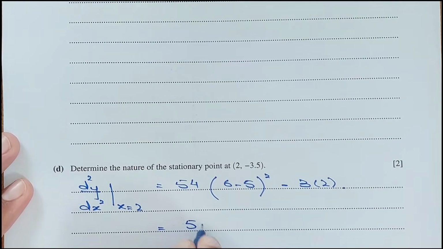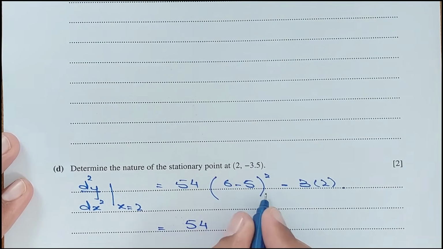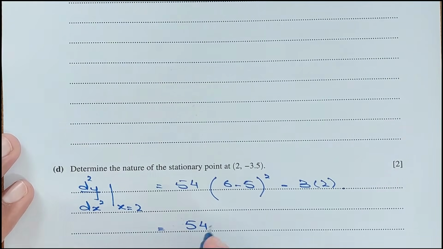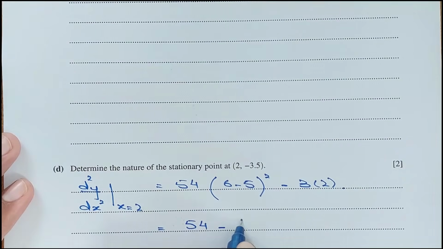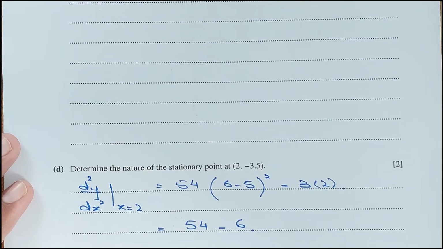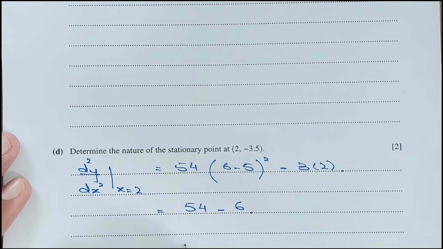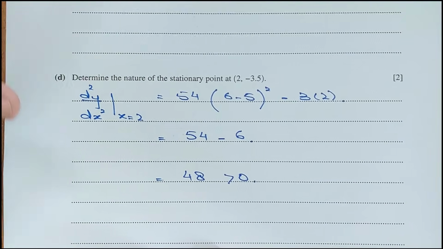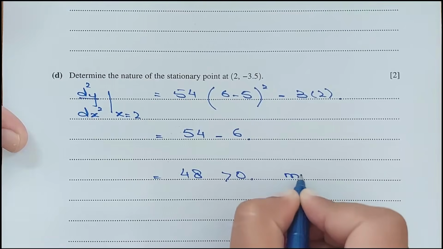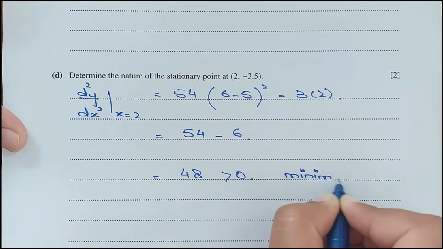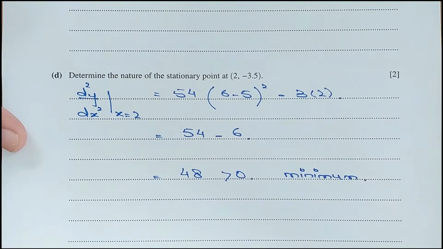So we have 54, and 6 minus 5 is 1, 1 square is just 1, minus 2 times 3, which is equals to 6. Okay, so from 54 take away 6, we have 48, which is greater than 0. So when the second derivative at the stationary point is greater than 0, we have a minimum. Nature is minimum.